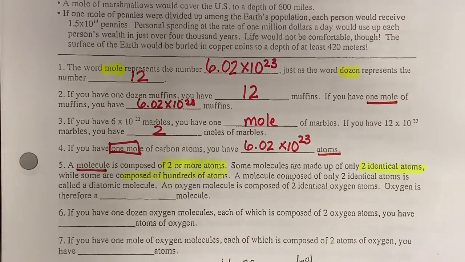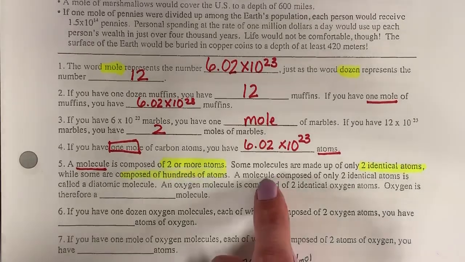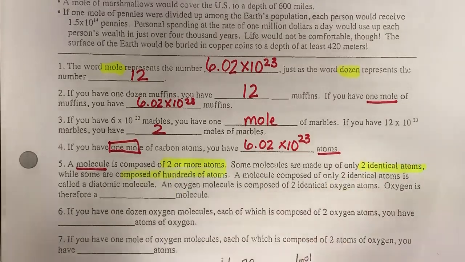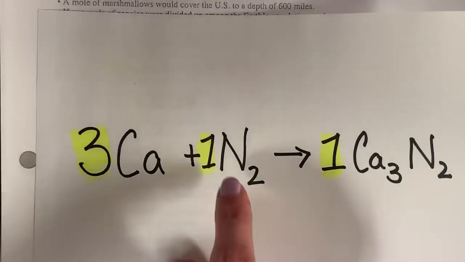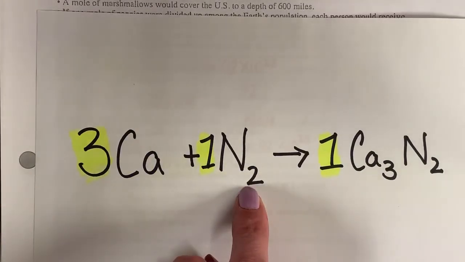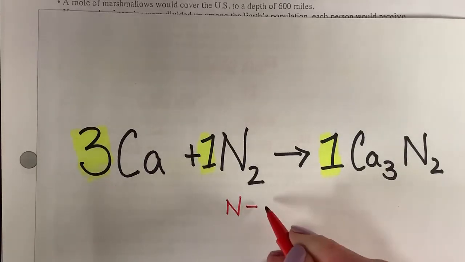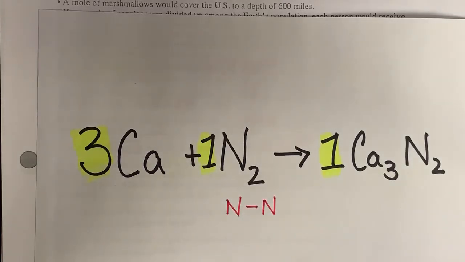Okay, so when I've got a molecule that's composed of 2 identical atoms, for example N2, I've got a nitrogen bonded to an identical nitrogen.